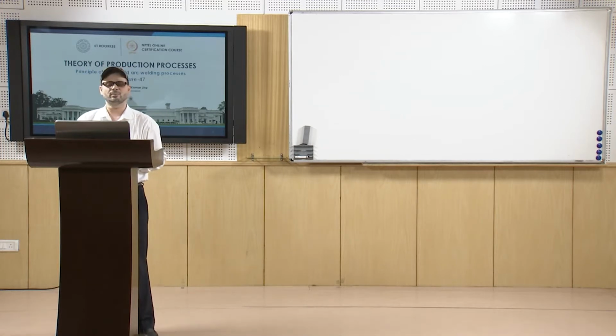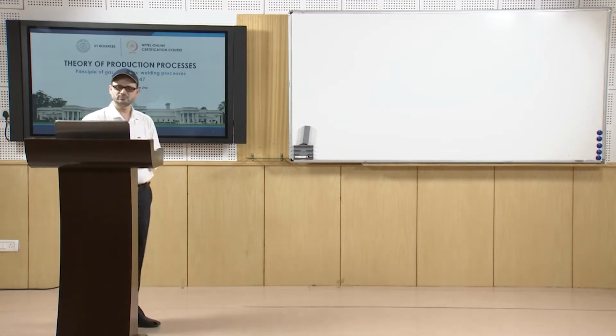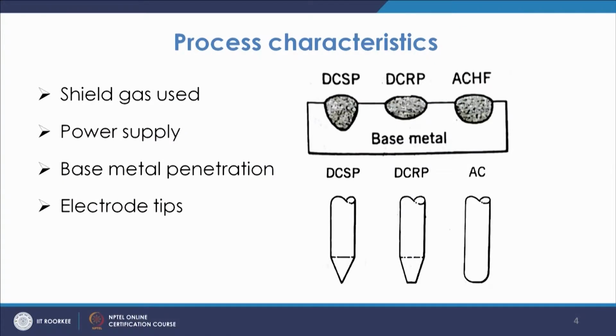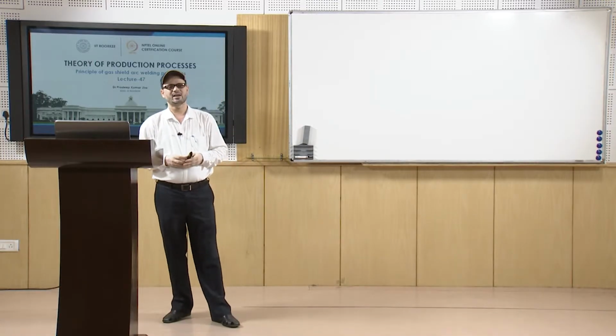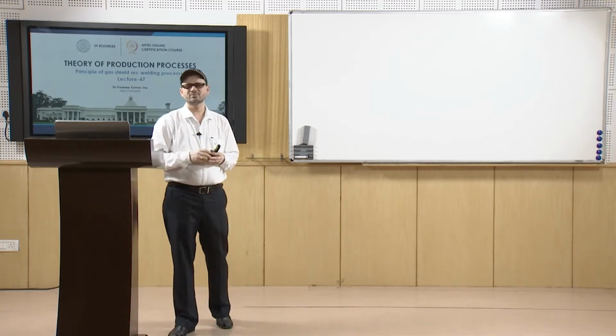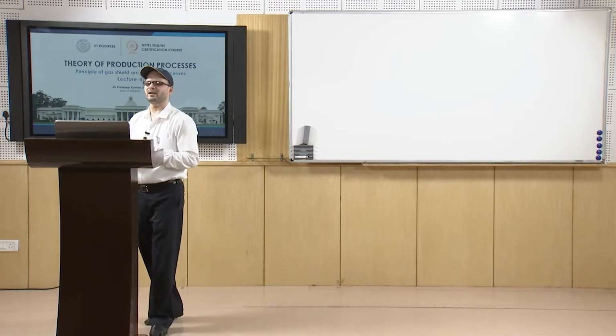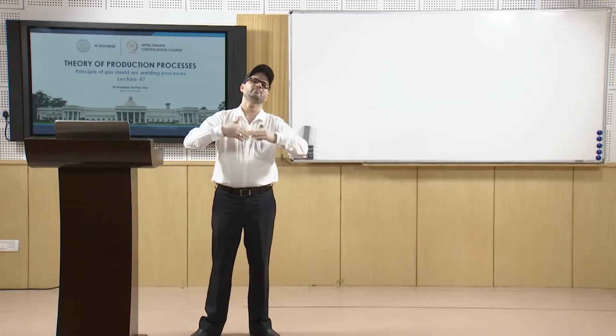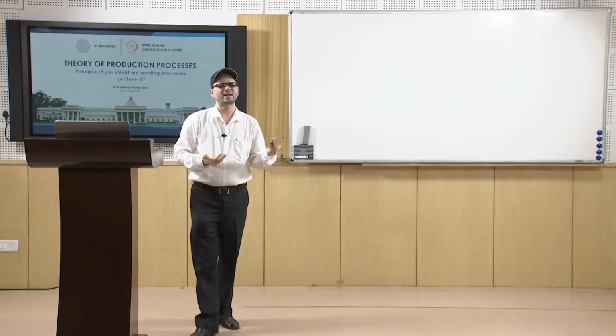Now, we will talk about other characteristics of the TIG welding process. When we talk about the process characteristics, there is the shielding gas used: helium or argon, and also, of late, carbon dioxide has been used in many applications, because carbon dioxide is quite cheaper compared to helium or argon.